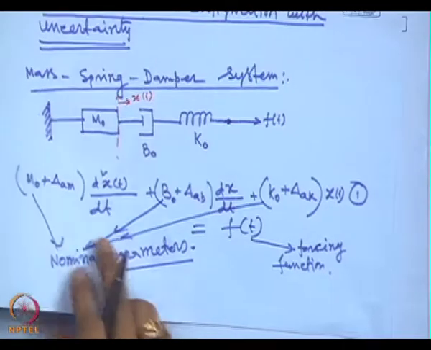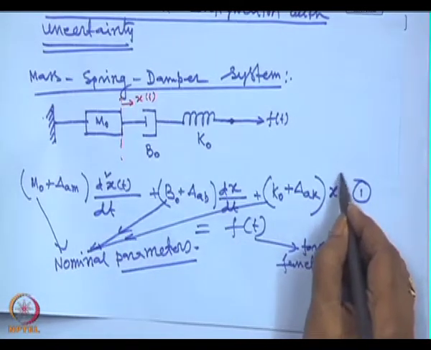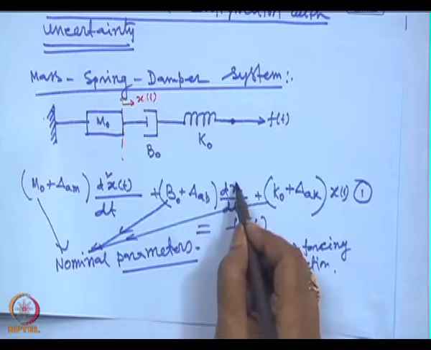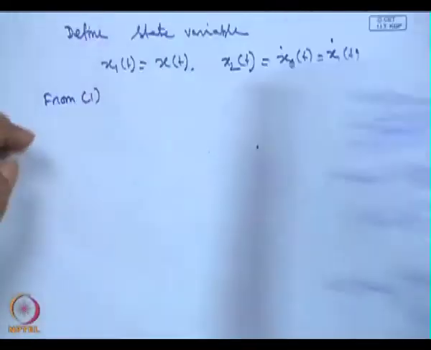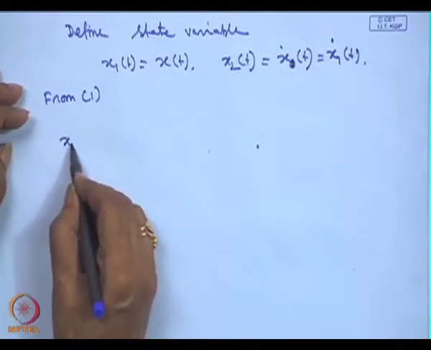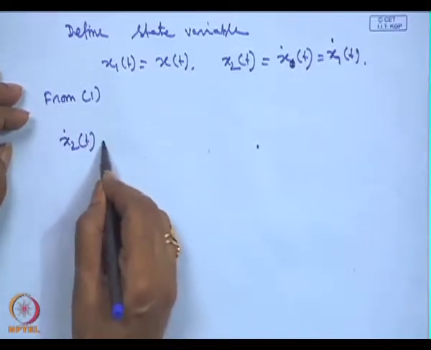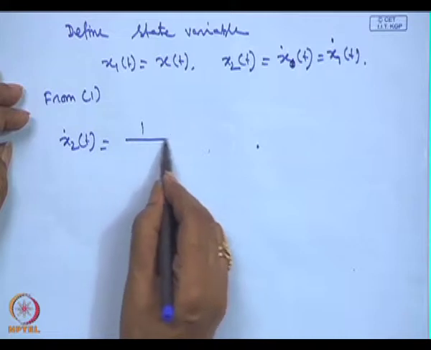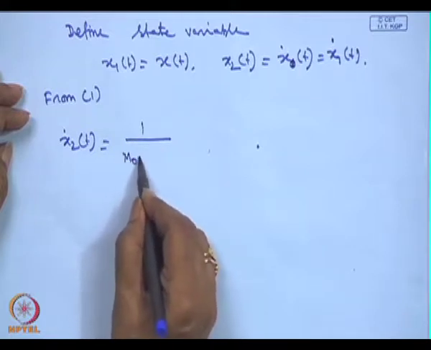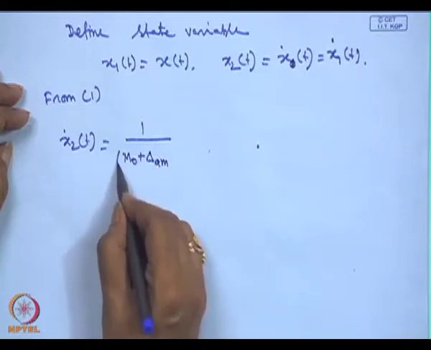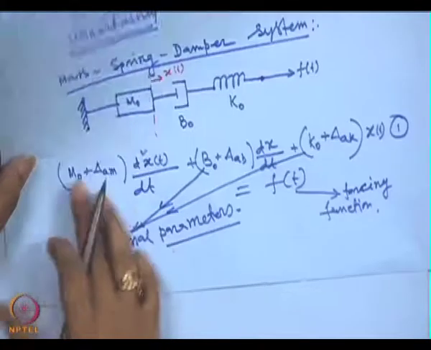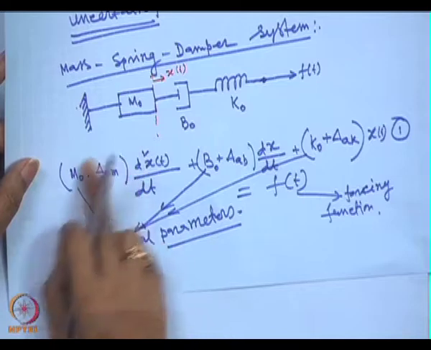So, x 2 dot is equal to 1 by m 0 plus delta A m. I divided both sides by this quantity.